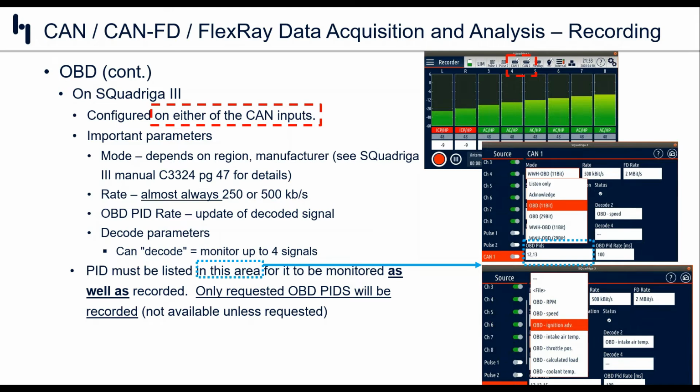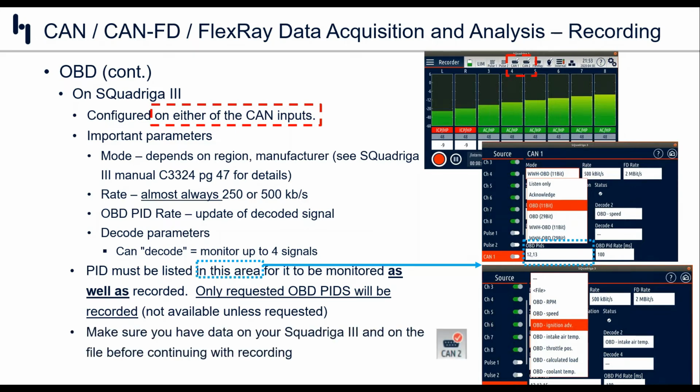So only requested OBD PIDs will be recorded. They are not available unless requested. So very important there that not only do you have to be connected, you have to have those OBD PIDs requested. It's a request made from Squadriga 3 out to the vehicle: what is the OBD RPM? The vehicle then sends back the RPM from the OBD parameter.